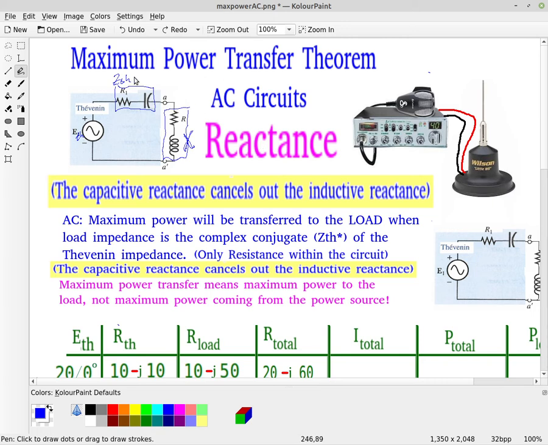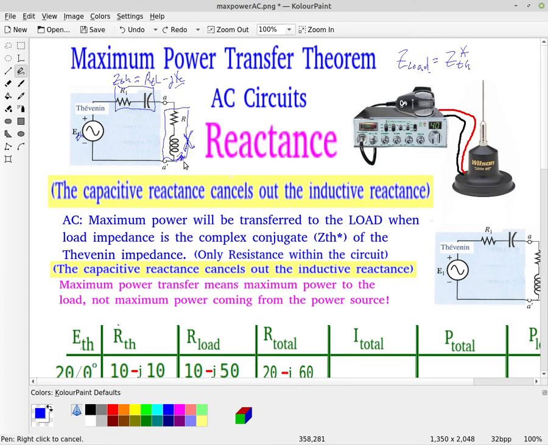I'm going to assume I've got a Thevenin resistance, R Thevenin, and then a capacitor, so a minus jXC reactance in my Thevenin impedance. Maximum power transfer tells us that Z load should equal the Z Thevenin conjugate. What that conjugate means is that if we have a capacitor, a minus j, then we need a plus j of the same value.